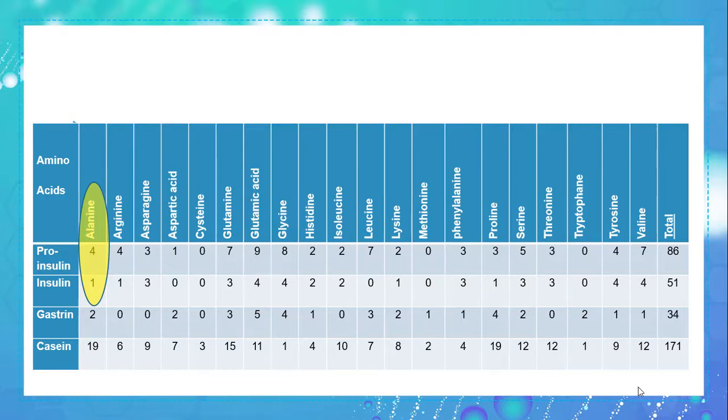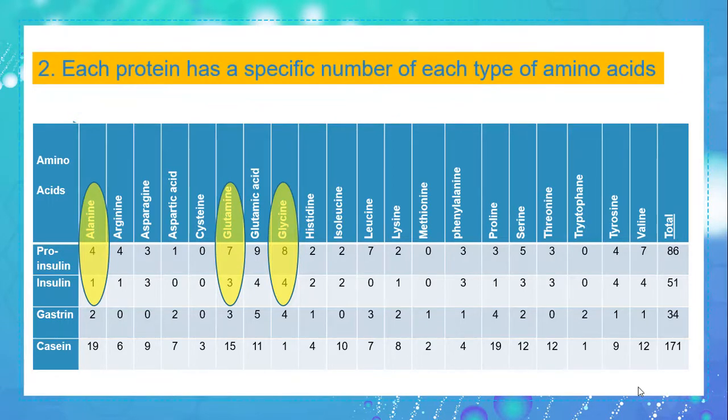Also, they both constitute glutamine, where proinsulin has 7 glutamine molecules and insulin has only 3. They also constitute glycine, but proinsulin contains 80 glycine molecules, more than insulin, which contains only 4. Then we come up with a second characteristic, which is that each protein has a specific number of each type of amino acids.